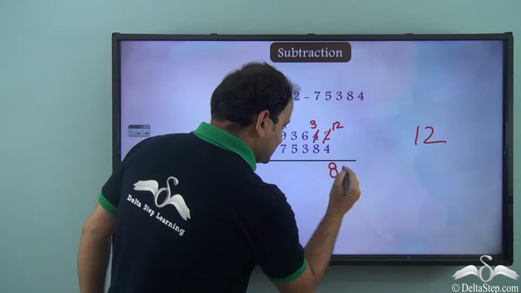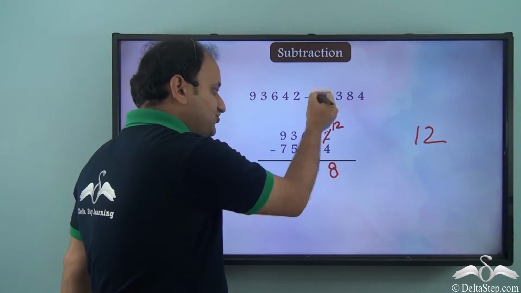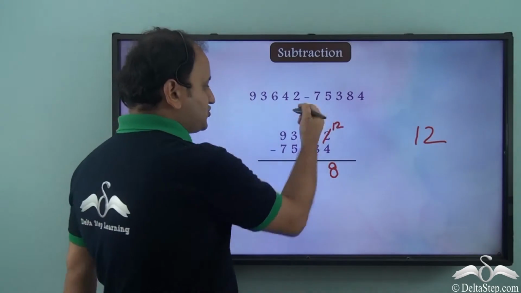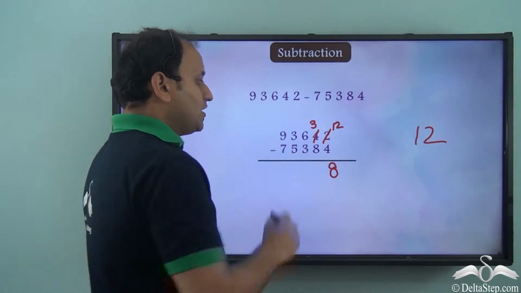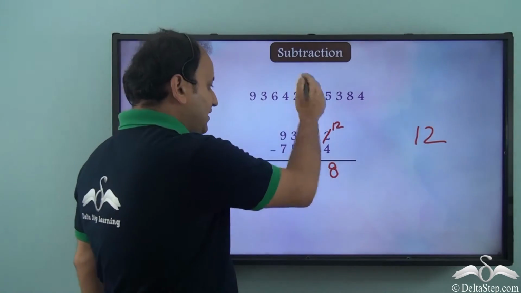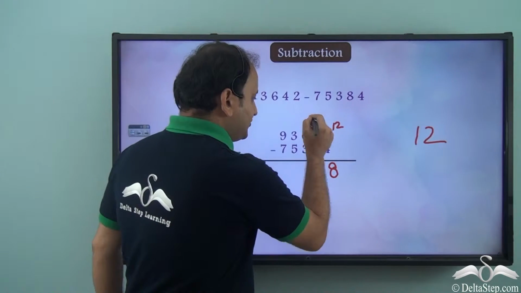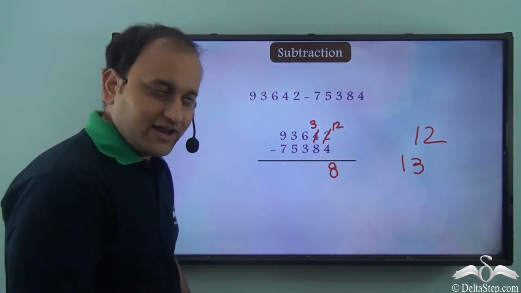So this is 8. Now next we come here. Now we already have 3 and 3 minus 8 again is not possible because 3 is smaller than 8. So 3 will try to borrow 1 from the number next to it, that is 6. So 3 after taking 1 will become 13, right?